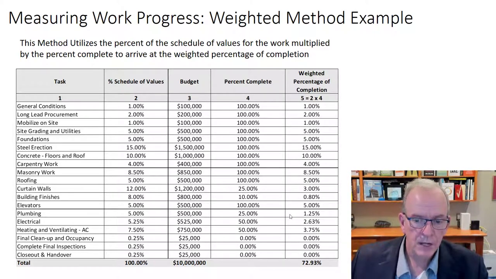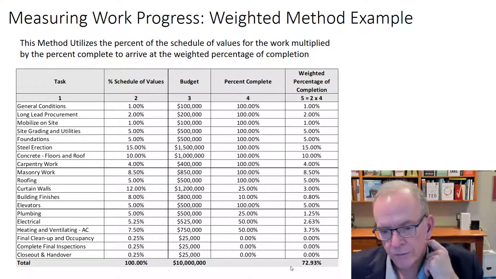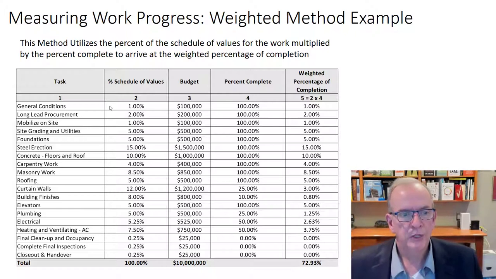And then you can actually see, by the amount of activities that are done and what these percentages are, how much percent complete this overall project is, right? So you can get the numbers that way. It gives you the weighted percentage of completion for the project based on the breakdown of the schedule of values. So that's really the driver.